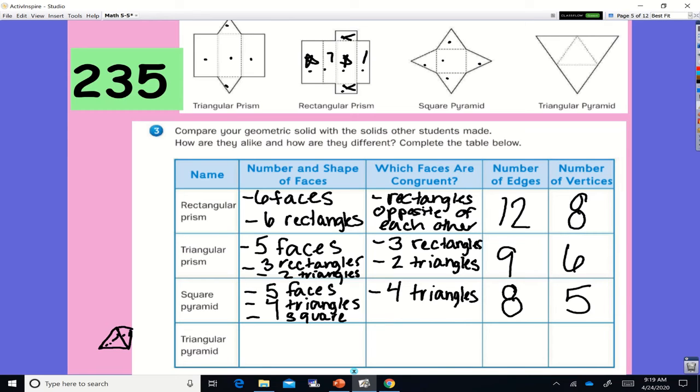Okay, I look here, I have 1, 2, 3, 4. So I have 4 faces. We have 4 triangles. And all 4 triangles are the same.